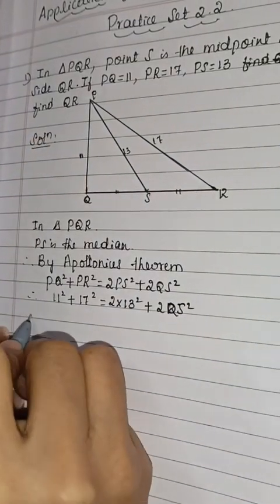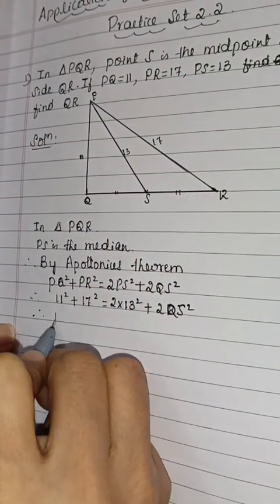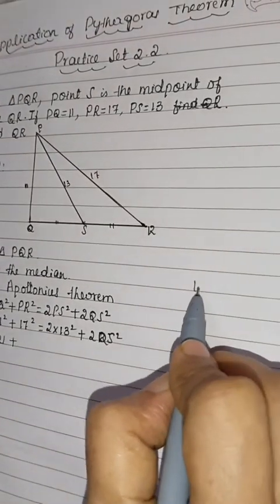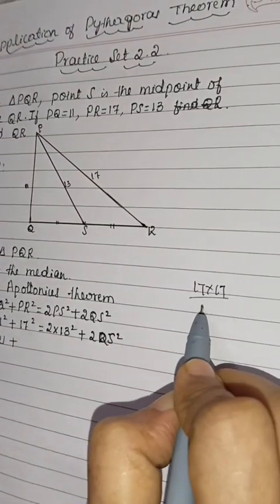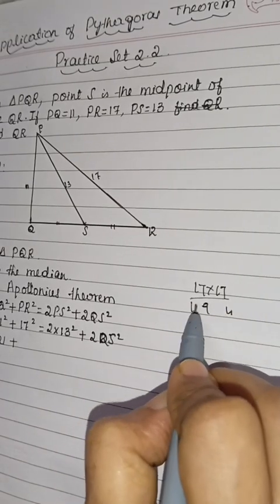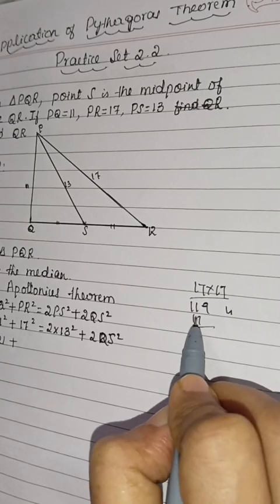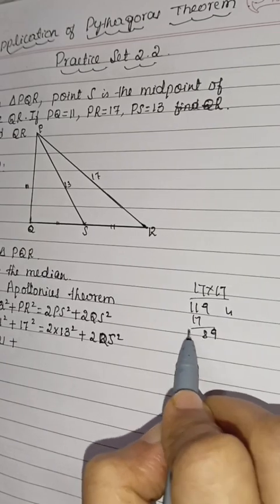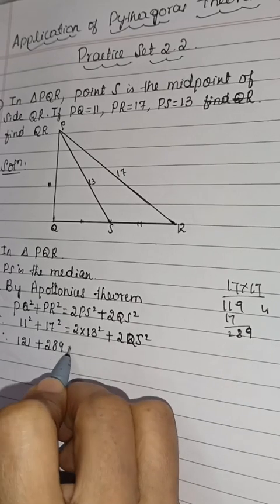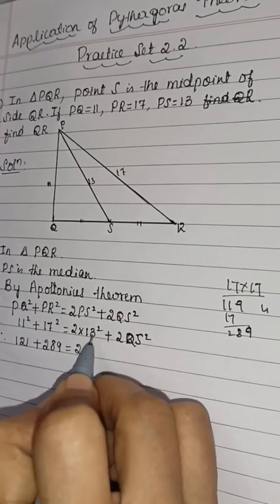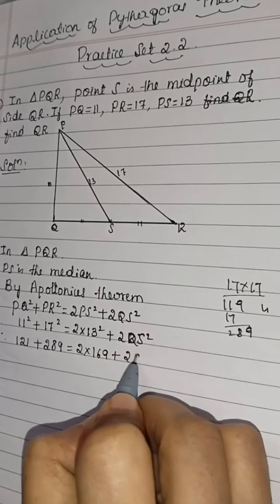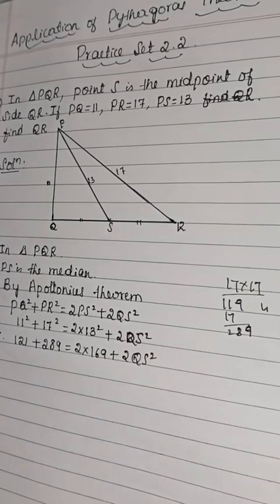Therefore 11 square is 121 plus 17 square is 289, equal to 2 into 13 square is 169 and 2 QS square.